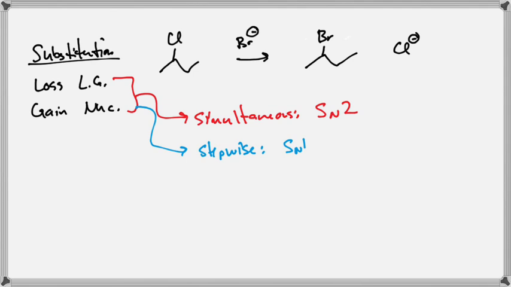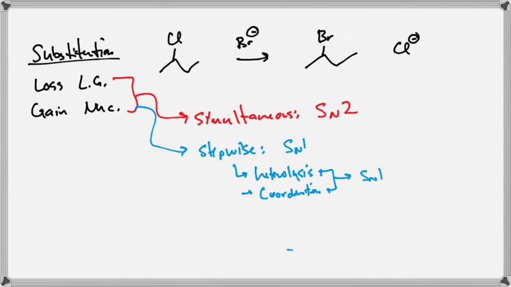What does the collection mean? Officially, the loss of the leaving group would be a heterolysis, because all you've done is break that bond. And then the gain of the nucleophile would be a coordination. When I do those 2 mechanistic steps in sequence, that is what's known as an SN1.